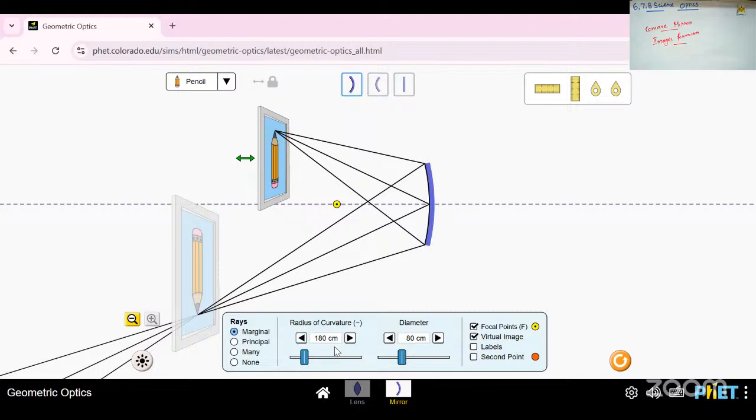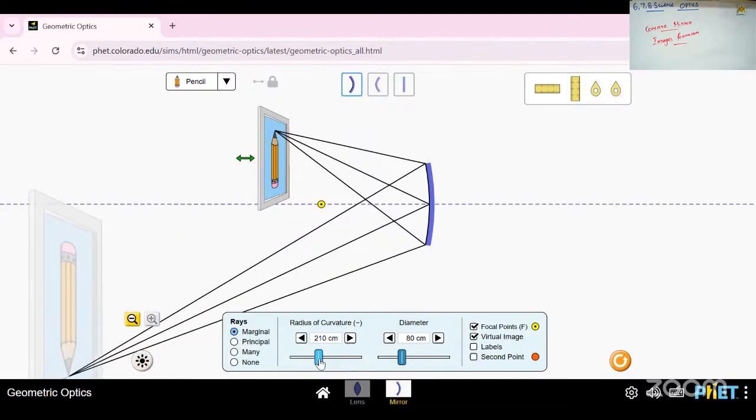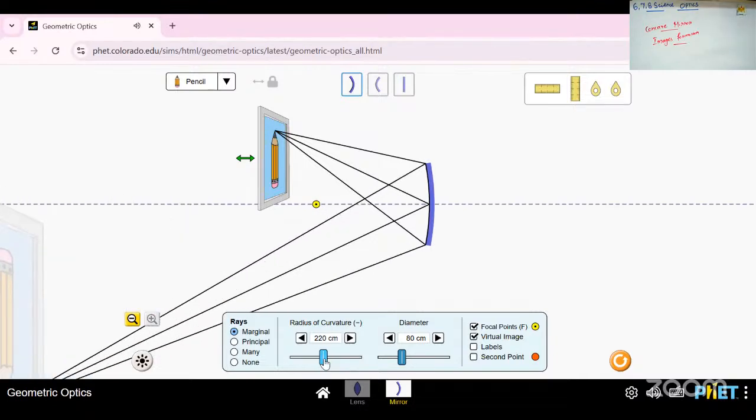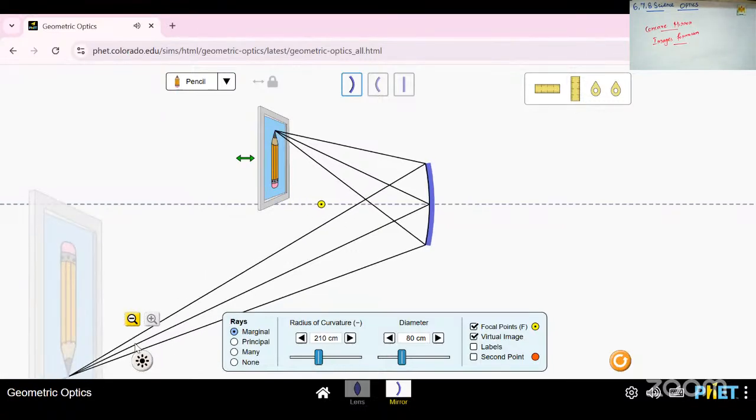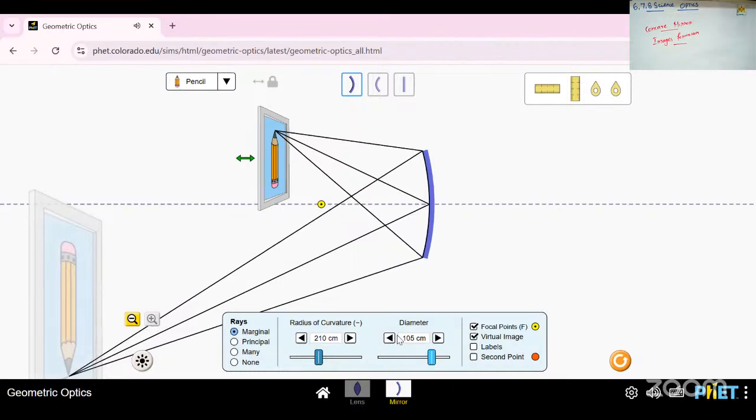Okay. So when we adjust the radius of curvature, the image is at infinity position. It is far from the lens. When we increase the radius of curvature, the image is at infinity. And when the diameter size is increased, the size of the image is not changed, but the picture is not clear.